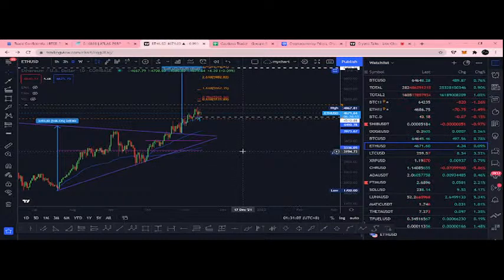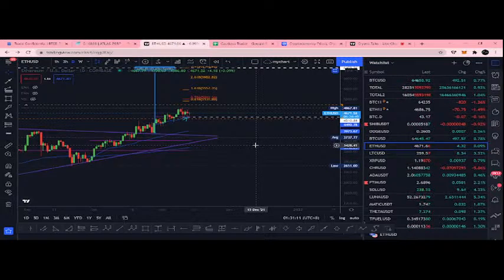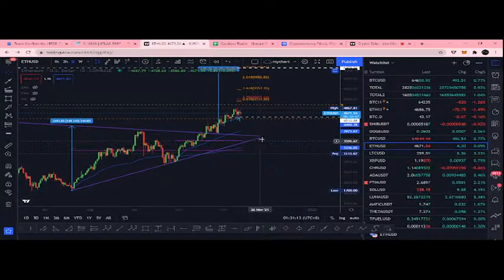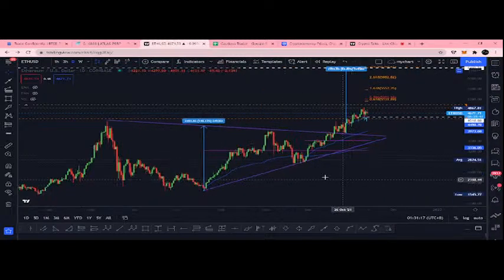So how about this one? I think it's almost the same. And we have actually anchored VWAP. You can just add it to the time range you plan to look at.